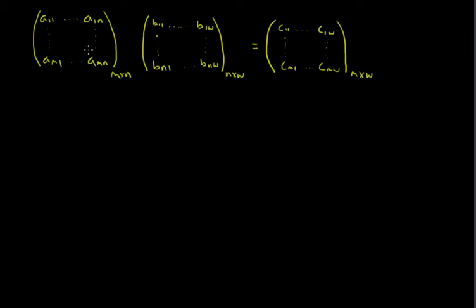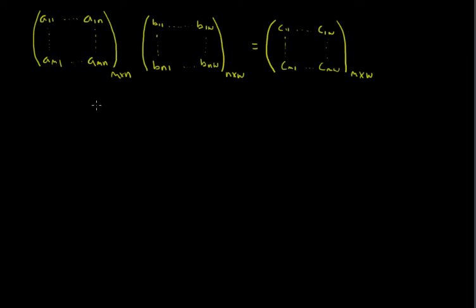It's going to be multiplying by a second matrix B of dimension n by w, and that's going to give you a product matrix, and I'm just calling each element C, so I have C11 all the way to C1w. The product between A and B is going to give you a matrix of dimension m by w.